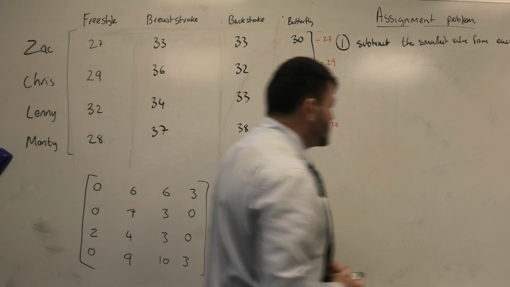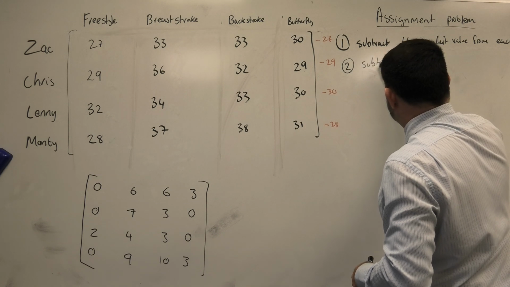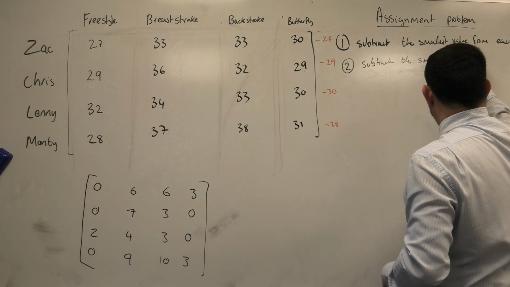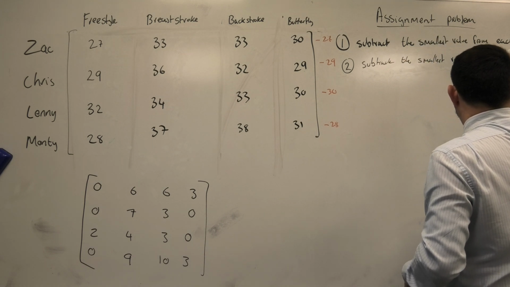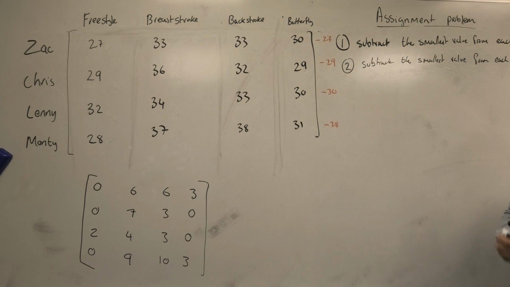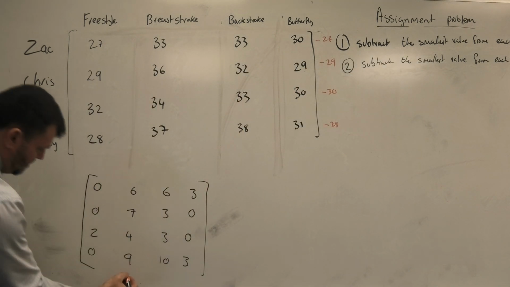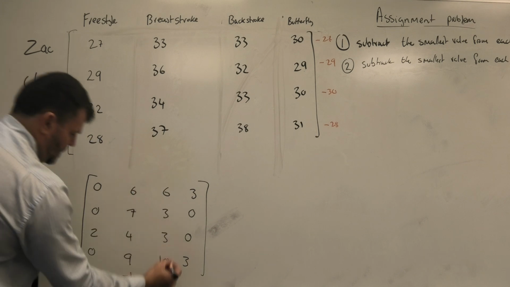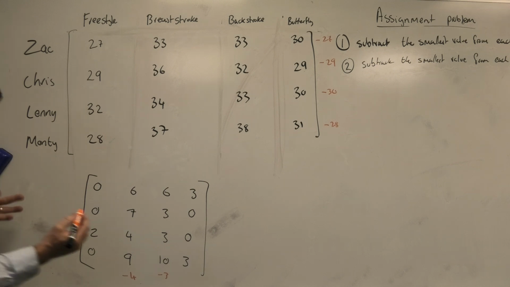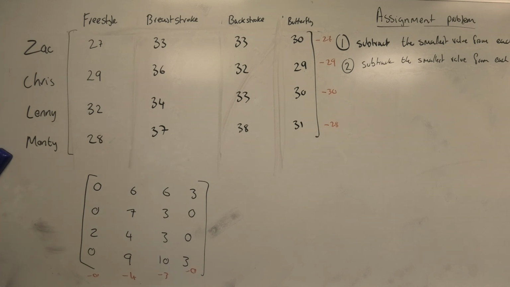So step 2 now is we subtract the smallest value from each column. In this case, 0 is your smallest value, so we won't touch that one. Minus 4 here, minus 3 here, and we won't do that column because 0 is the smallest, so it's not going to change. But we'll put 0 there anyway, just so you can see that it does get used.